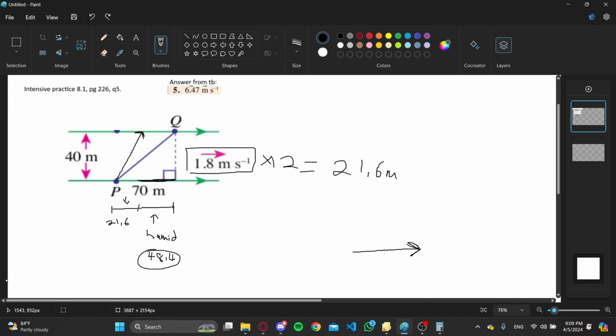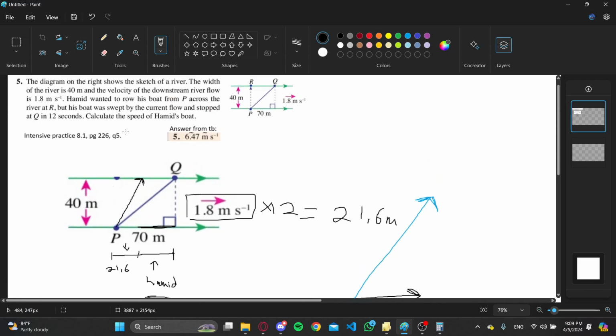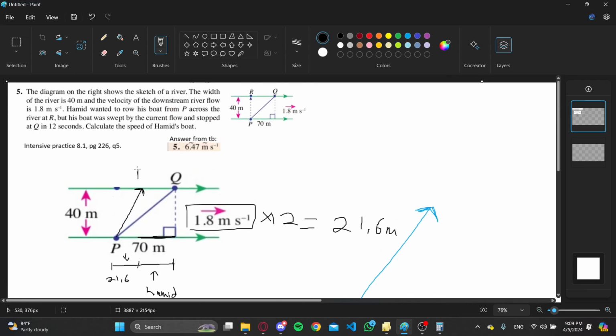So actually, what it would look like if you were to draw the triangle of vectors, it would be something like this. Hold on, wait. No, wrong, sorry. We figured out, okay, this blue one is the true vector that Hamid's boat traveled to get from P to, what was this point originally called? R, right?